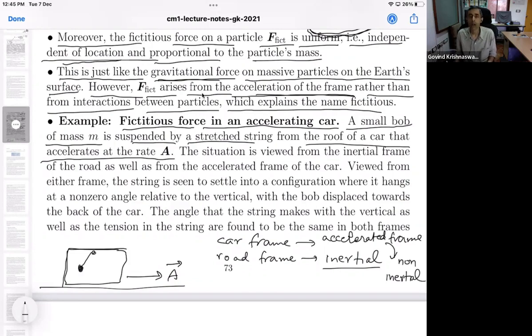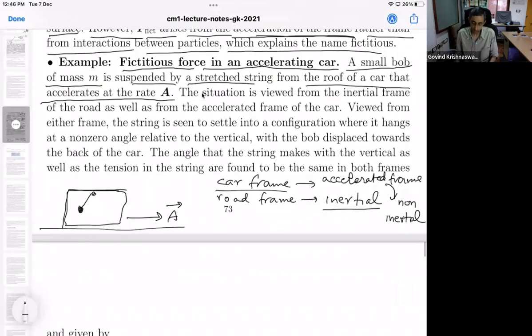In particular, a free particle in a non-inertial frame will not necessarily follow a straight line trajectory at constant speed. Now let us look at this in more detail. The situation is viewed from the inertial frame of the road as well as from the accelerated frame of the car. So let us look at each one separately.